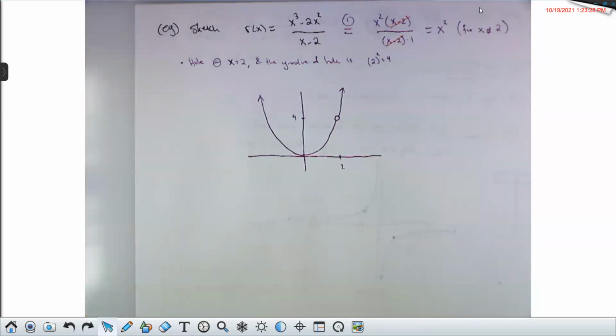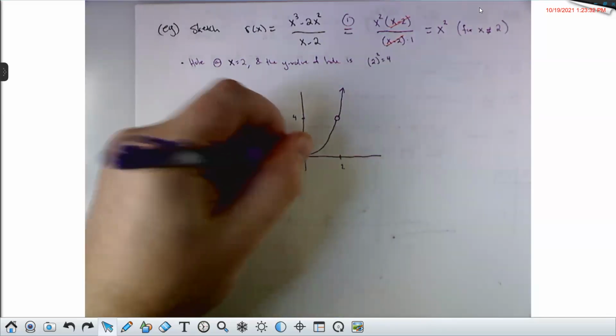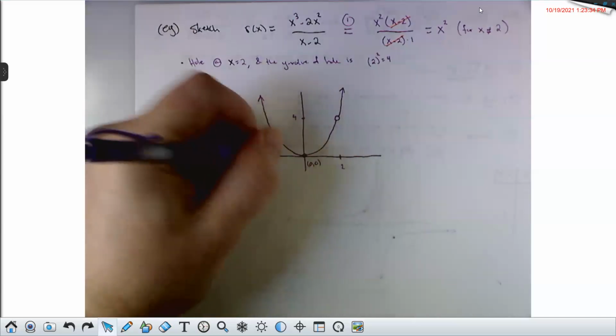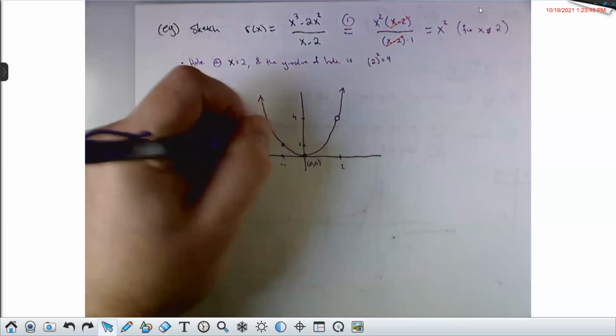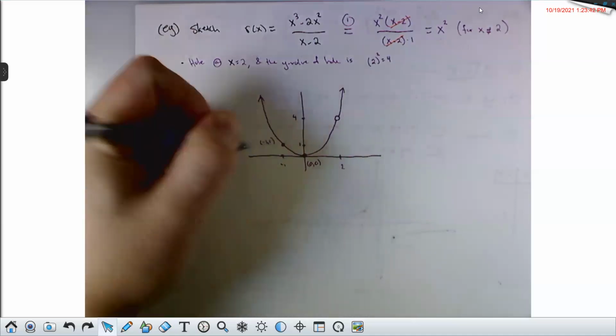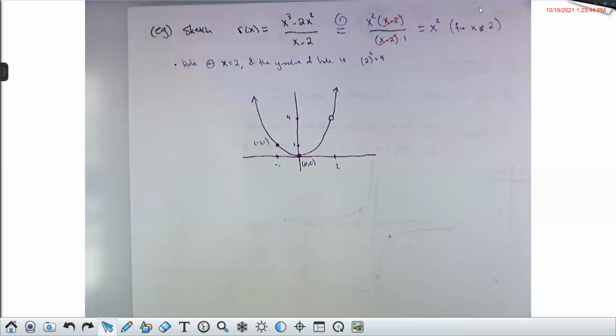So there's your graph. And if you want some other explicit points, 0, 0, and say -1, 1. There we go, job done. Not bad at all, right?